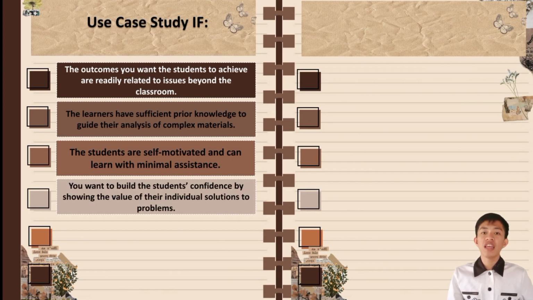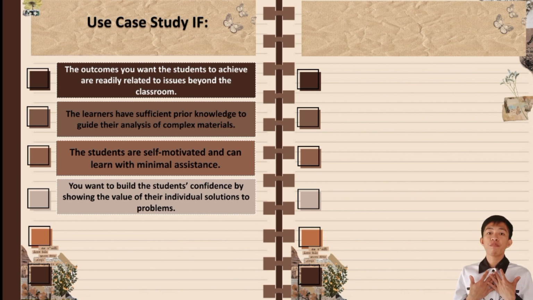Four, use case study if you want to build the students' confidence by showing the value of their individual solutions to problems. Because individually, we have our own perspective of coping with the problems that we face in life, right? Okay, so at the age of elementary grades, we have to practice the students to develop solutions in their own manner, to resolve the problems that they encounter in life.